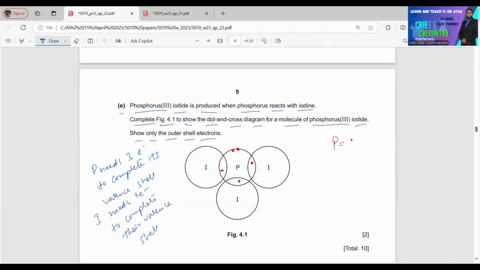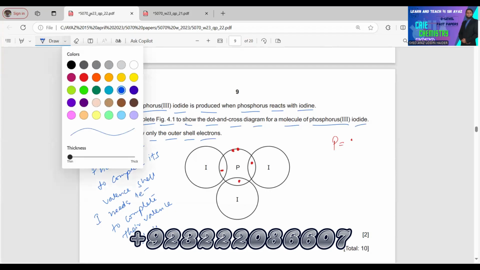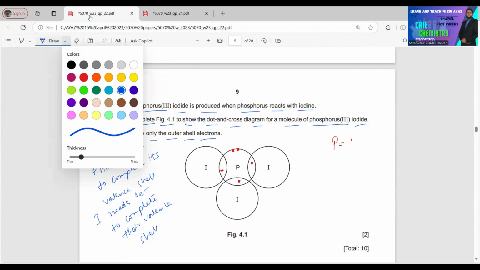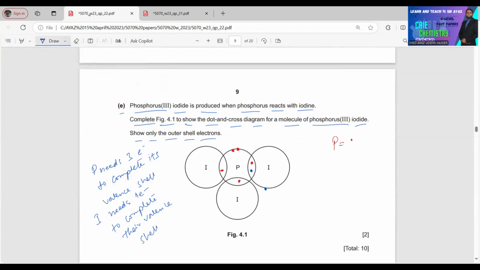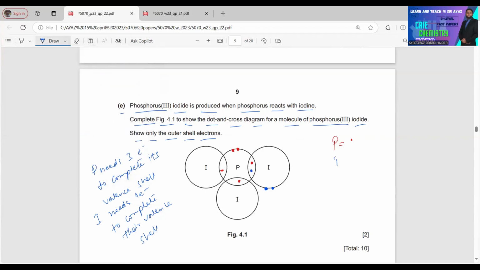Phosphorus needs 3 electrons, so it shares 1 of its valence electrons with each iodine atom. On the other hand, iodine needs 1 electron, so each iodine will share 1 of its valence electrons, not all, with the phosphorus atom. For iodine, I'm using crosses, so I will write crosses for iodine, not dots.